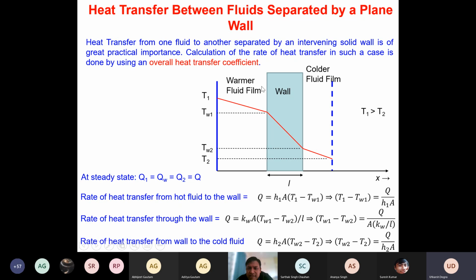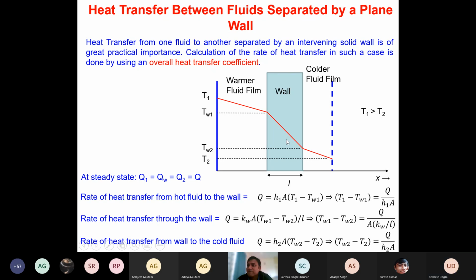Remember, even though we are looking at h, h is k by delta, so it depends on the thermal conductivity. The thermal conductivity of the fluid is much lower compared to that of the metal wall. So the resistance offered by these fluid films is very often much higher than the resistance offered by the metal wall.